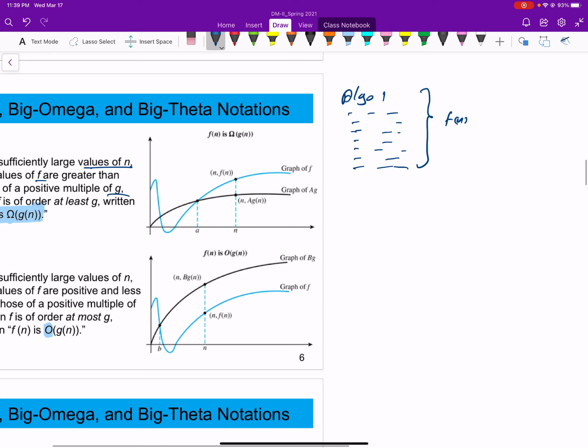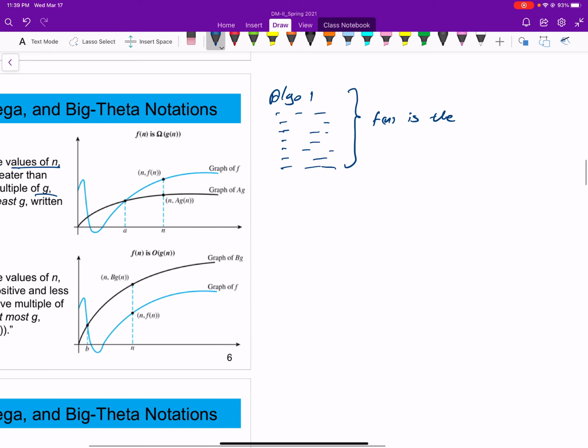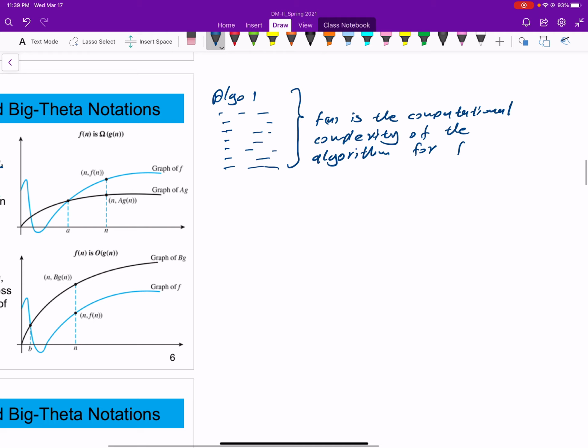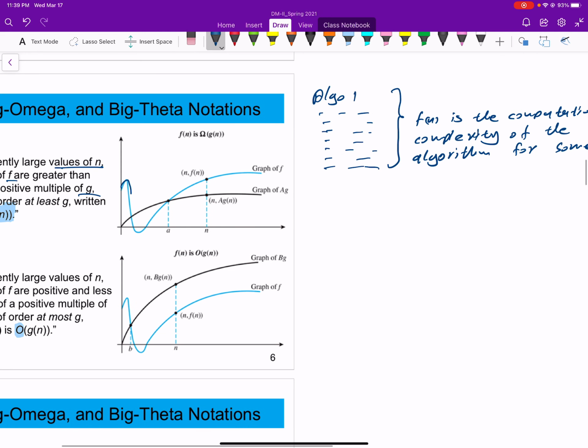F of n is the computational complexity of the algorithm for some n. So that is this function f. Computational complexity varies like this, right?